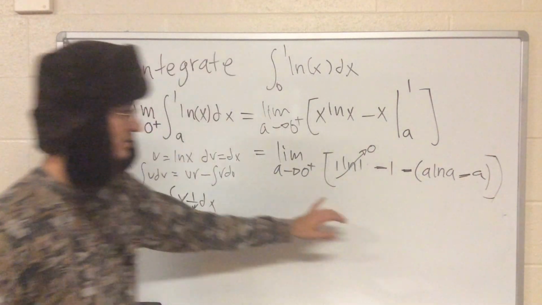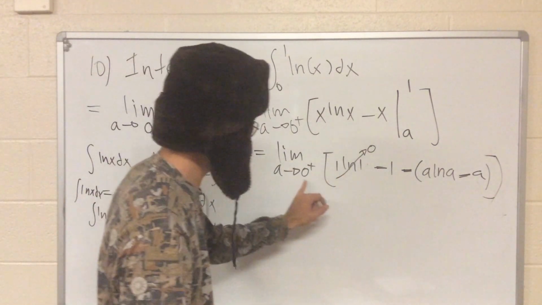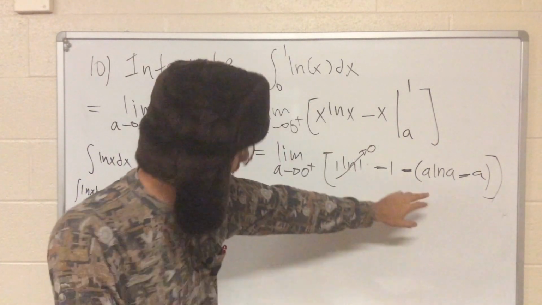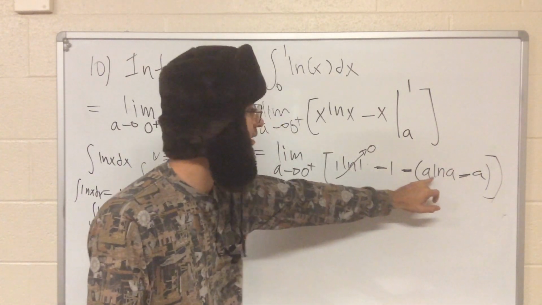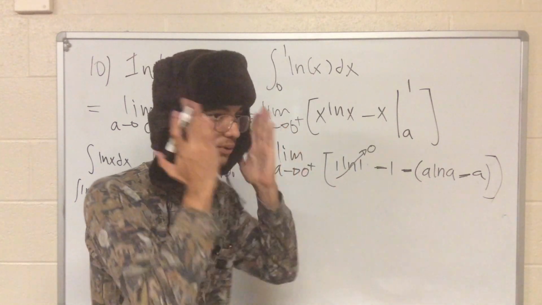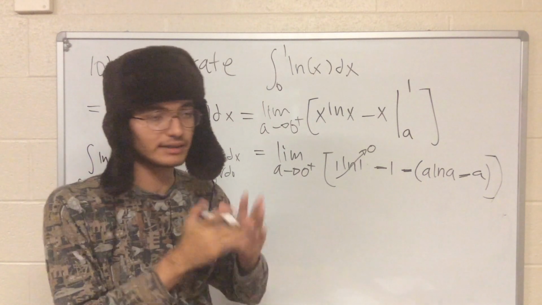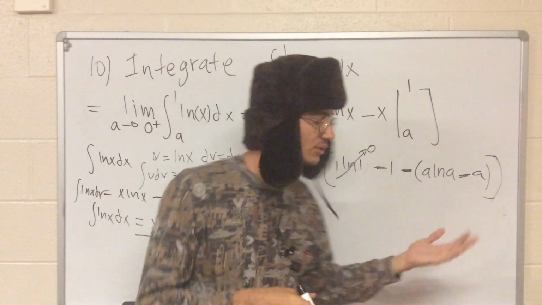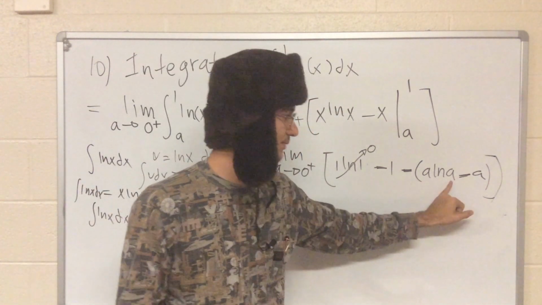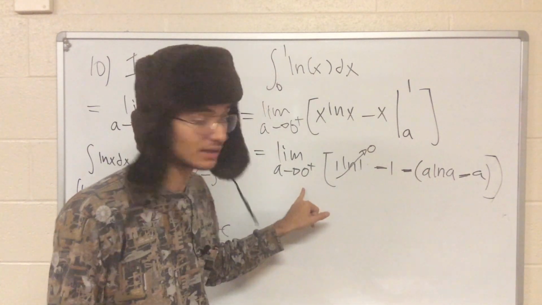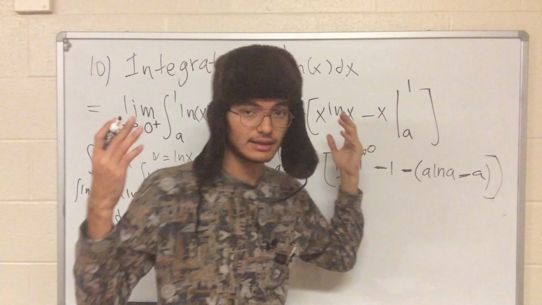So what's special about this limit over here? The limit as a approaches 0 from the right, if you think about this, that will be ln of something really small, which will end up being very, very large, I mean, very close to negative infinity. But then it's multiplied by a, which is 0, and anything multiplied by 0 is just 0.